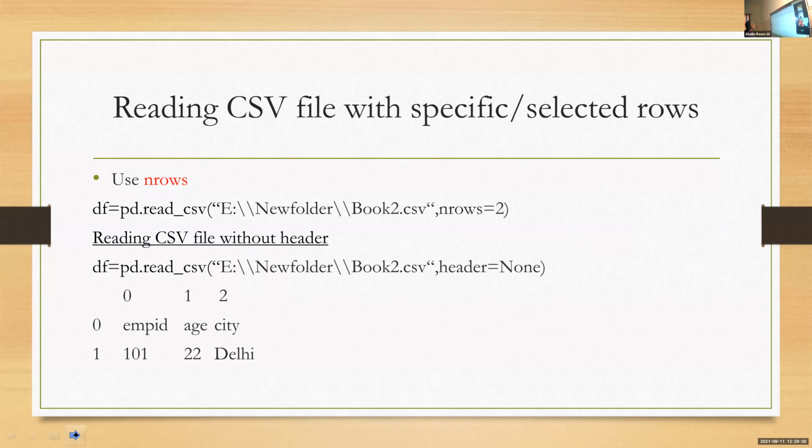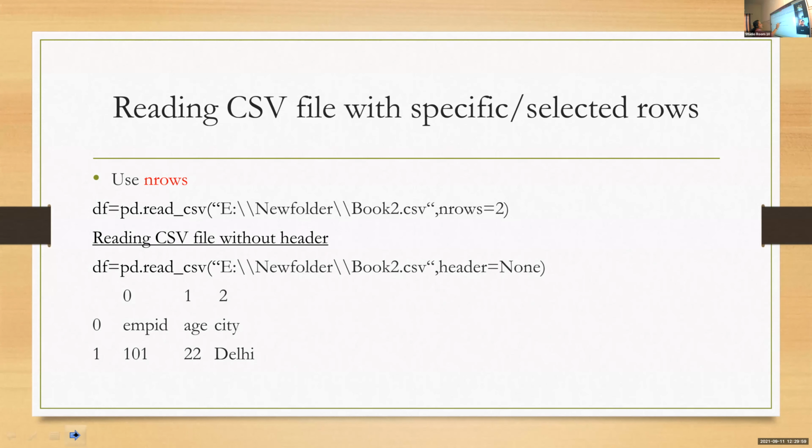Then the same way for rows, reading CSV file with specific or selected rows. Use nrows. Here, pd.read_csv.